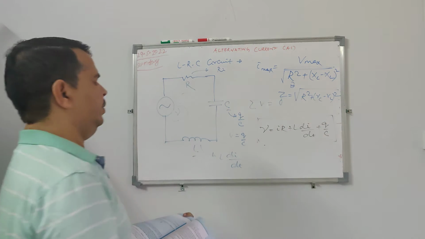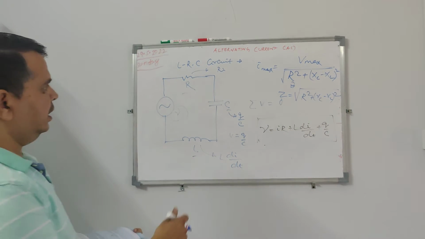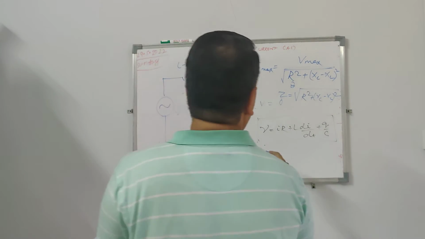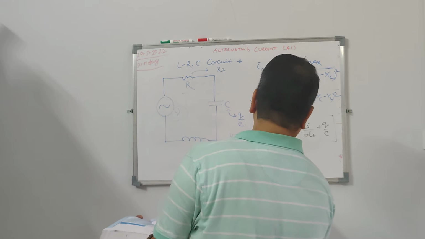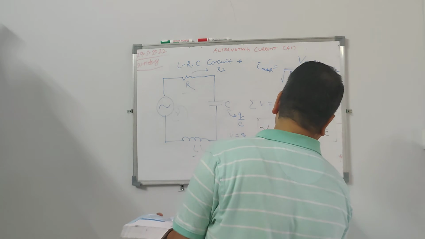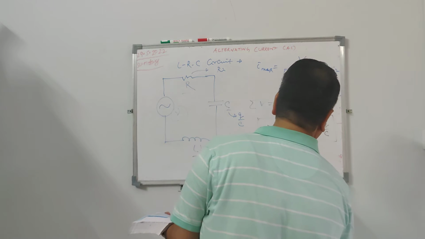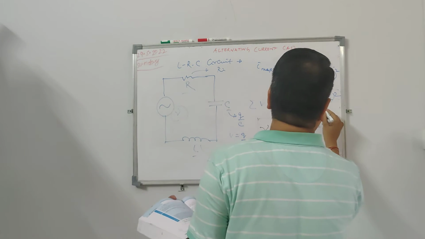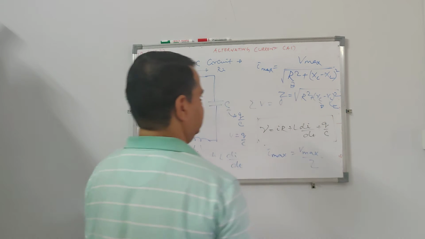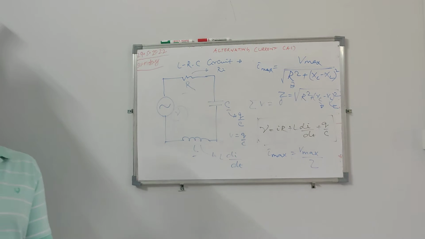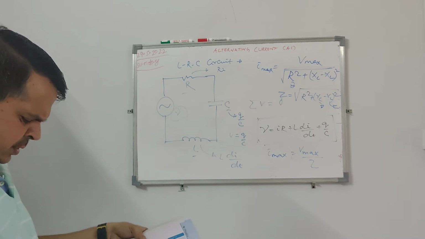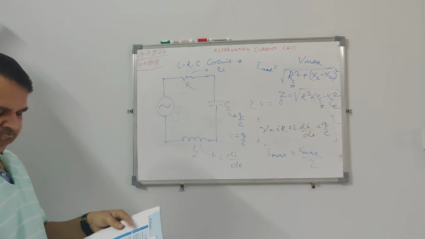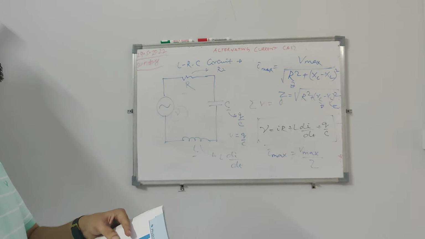So I max is equal to V max by Z. These two terms are capacitive reactance and inductive reactance, and this term Z is called your impedance. This is the key takeaway from here.